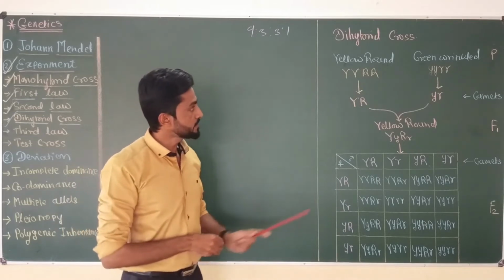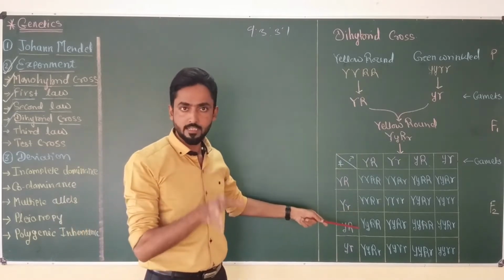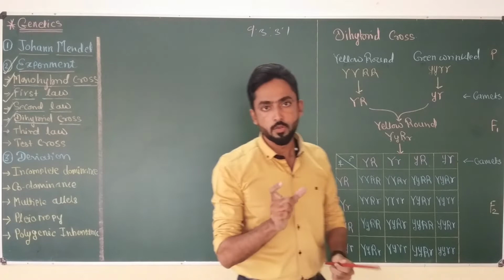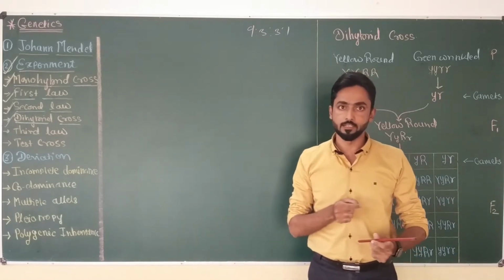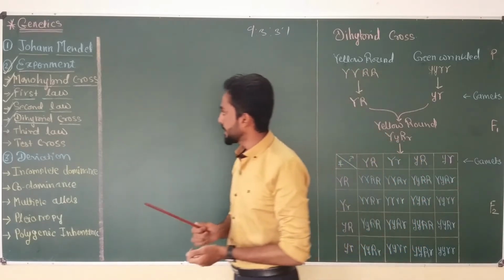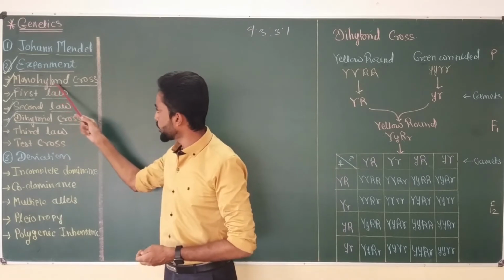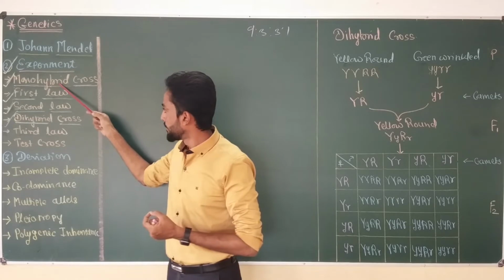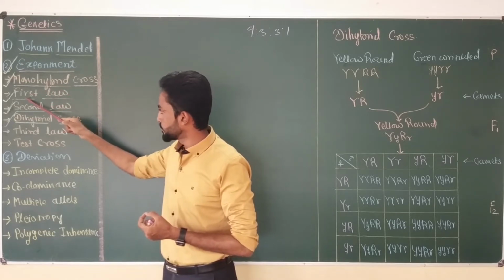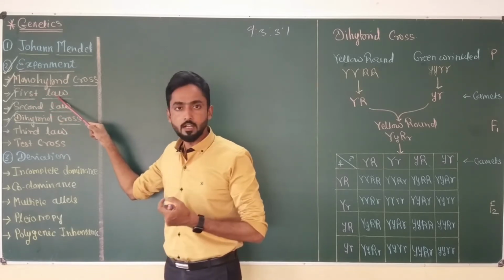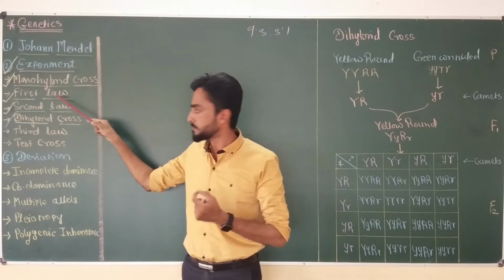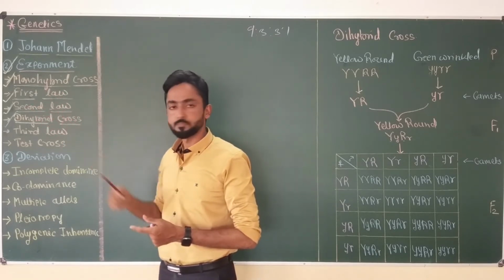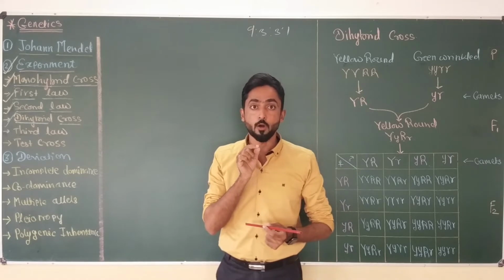Now, on the basis of this dihybrid cross result, Mendel proposed a law which is called the third law of inheritance. In my last few videos, I discussed monohybrid cross of Mendel, and on the basis of the result of monohybrid cross, Mendel proposed two laws, that is the first law of inheritance, also called the law of dominance, and the second law of inheritance, which is nothing but the law of segregation.